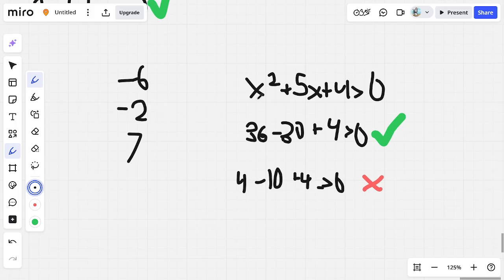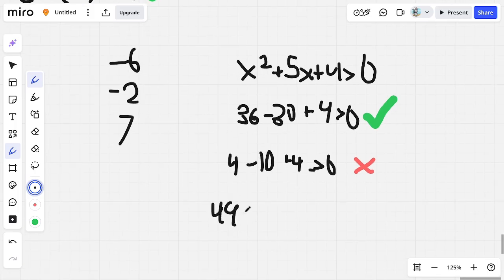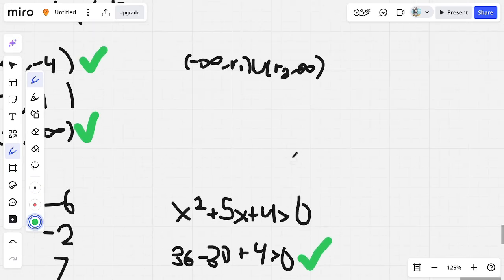7. 7 squared, 49. Plus 5 times 7, 35, plus 4, greater than 0. That's common sense. Of course, it's greater than 0.